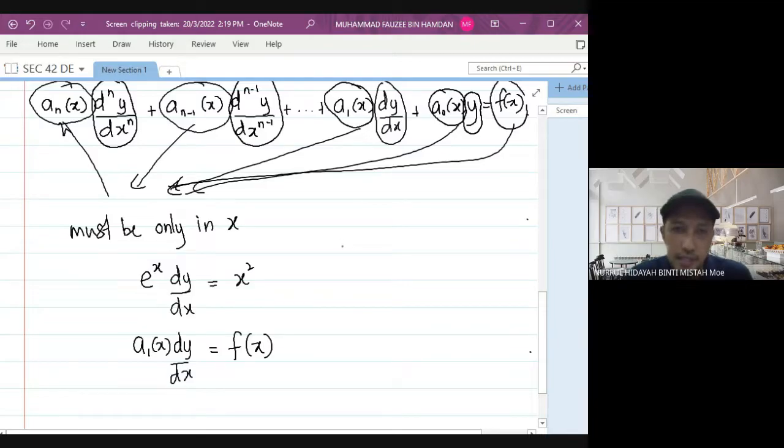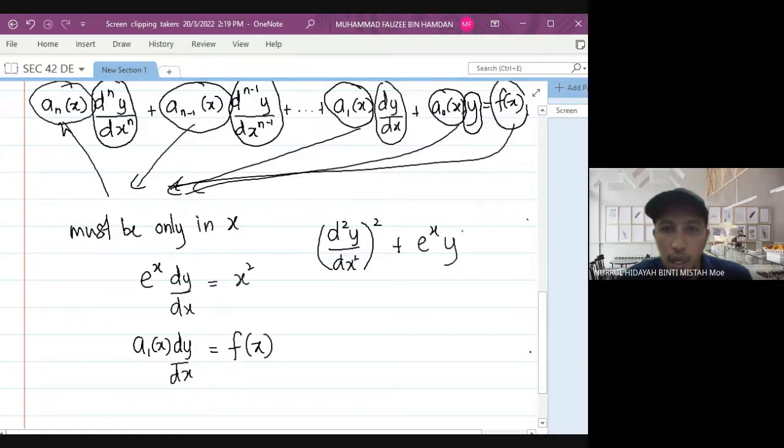For example, like this, this one is non-linear. For example, d to the power of 2y over dx to the power of 2, plus e to the power of x, y to the power of half, equal to sine x.